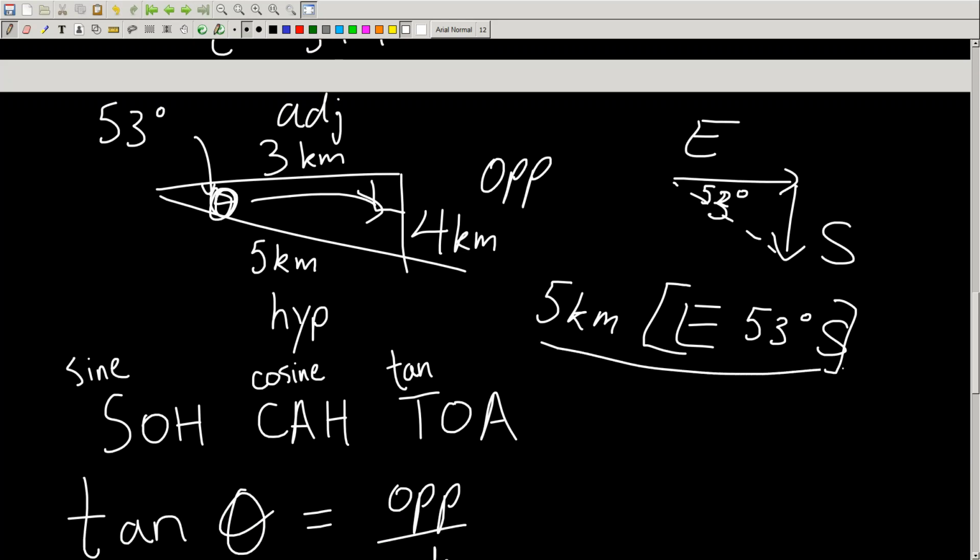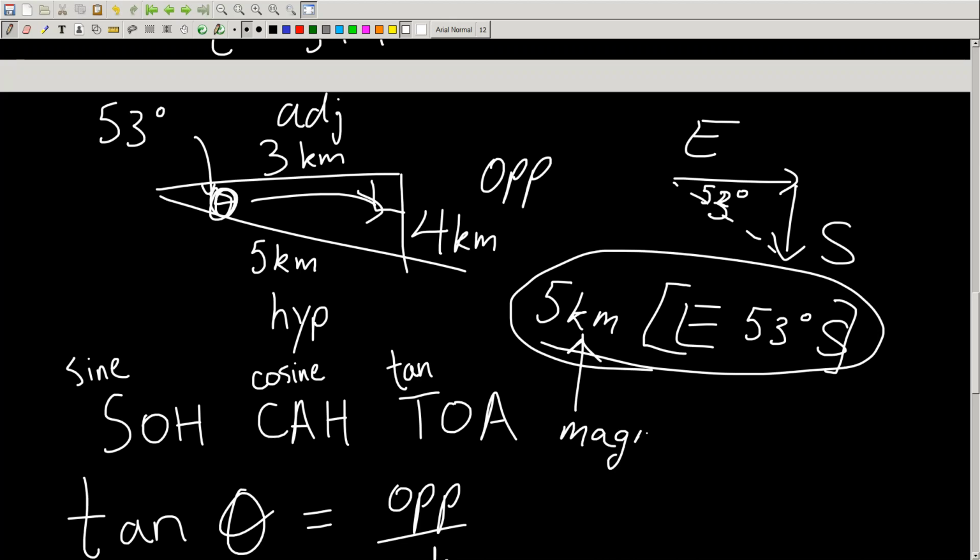So right here is the displacement vector, because it has a magnitude and it has a direction. So that is a major difference between distance and displacement.